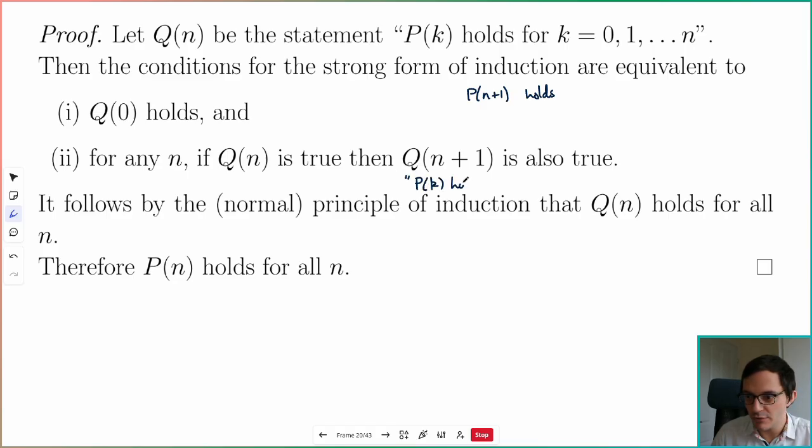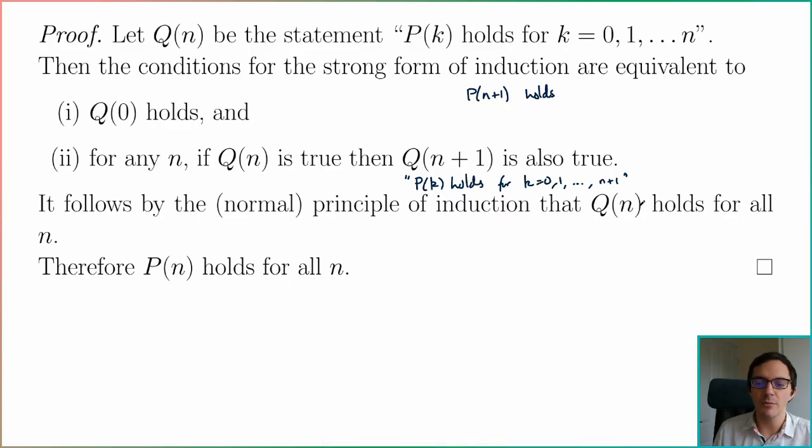Pk holds for k 0, 1, all the way up to n plus 1. But we have most of that already because we're assuming that Qn is true. And Qn covers all the cases up to n. So all we need is also the case n plus 1. And that's the one we get from the hypothesis in strong induction.